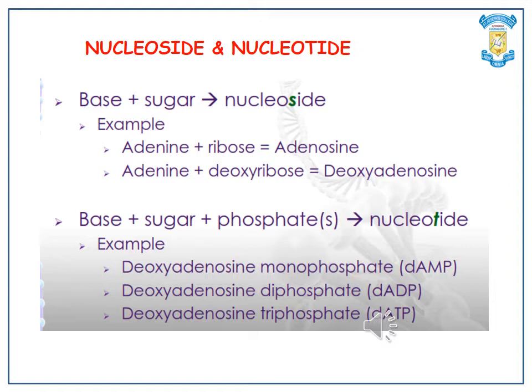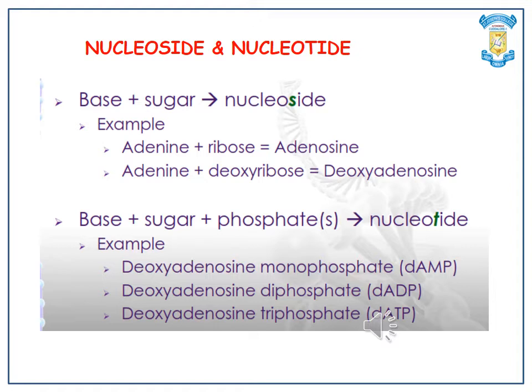A nitrogenous base and sugar form a nucleoside. For example, adenine plus ribose forms adenosine, adenine plus deoxyribose forms deoxyadenosine. Base plus sugar plus phosphate forms a nucleotide.